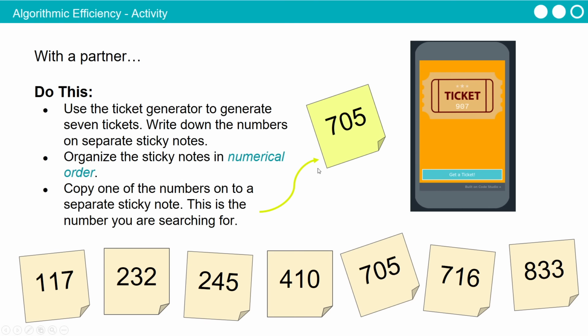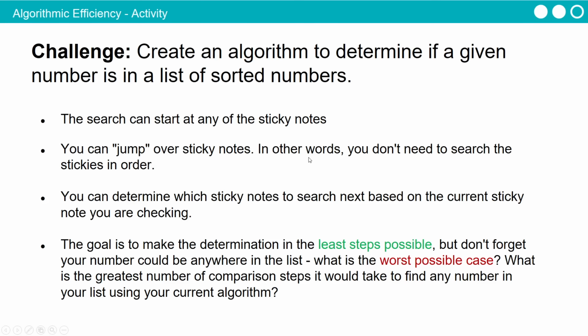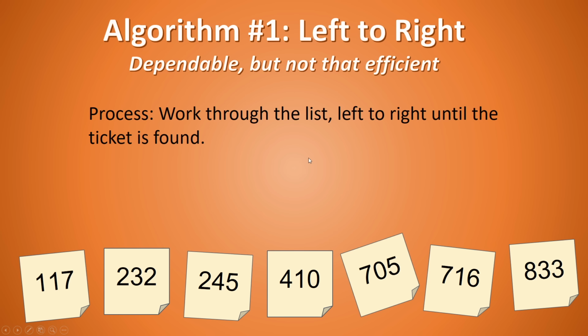All right, so here's an example. I'm going to talk through an algorithm where we're trying to find a number in the list. In this case, this is a search algorithm where we're searching for this ticket. Can we find this ticket in the list? Well, to find that ticket, you just keep searching, right?